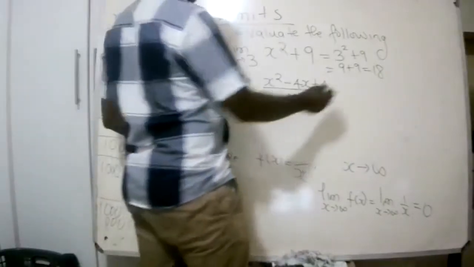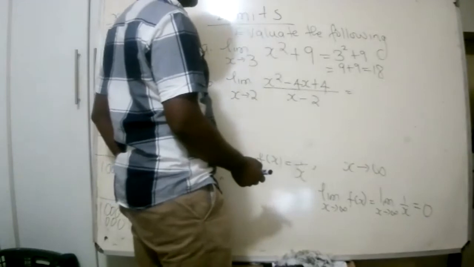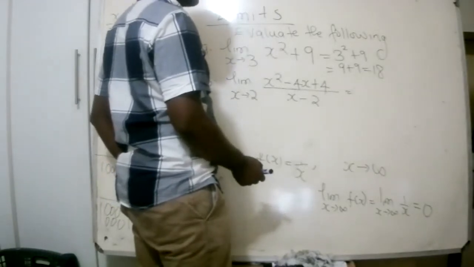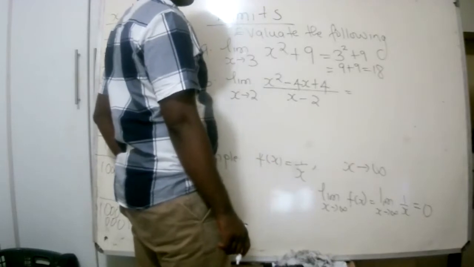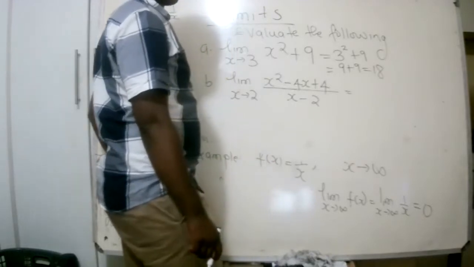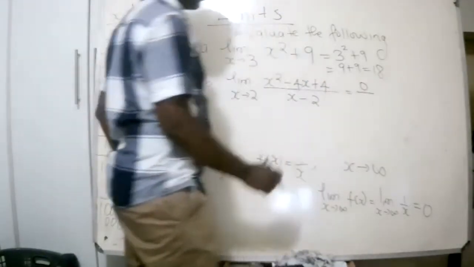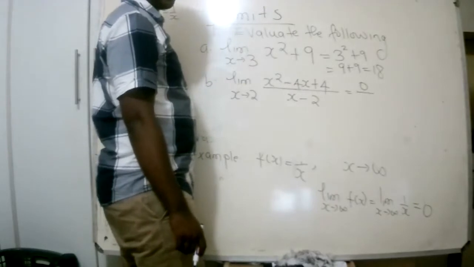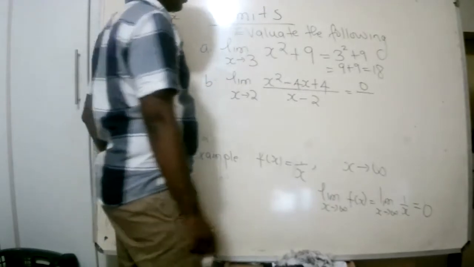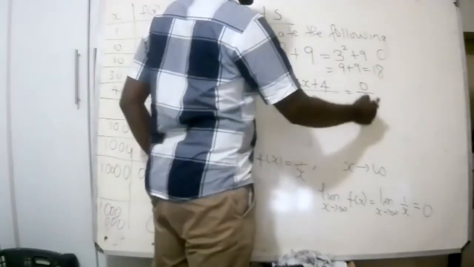All right, let's check. On the numerator, what is the answer you're getting on the numerator? Zero. And then on the denominator, what answer do you get on the denominator? It's a 0. So it's 0 over 0.